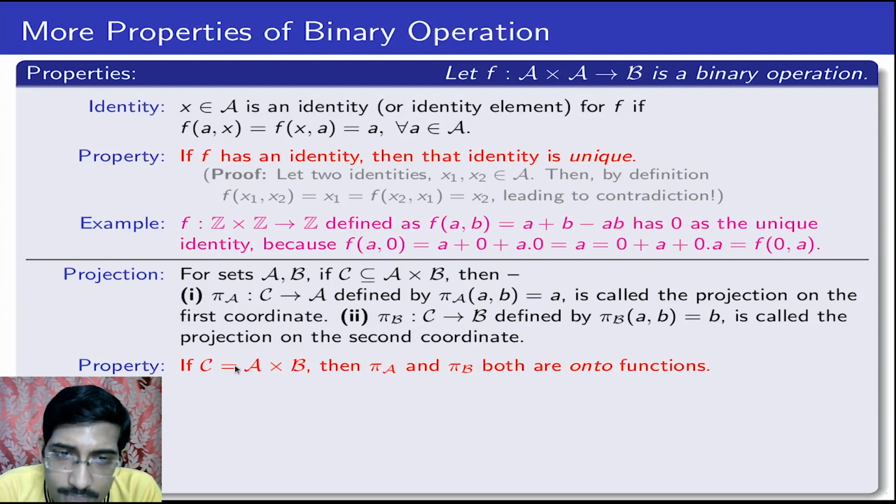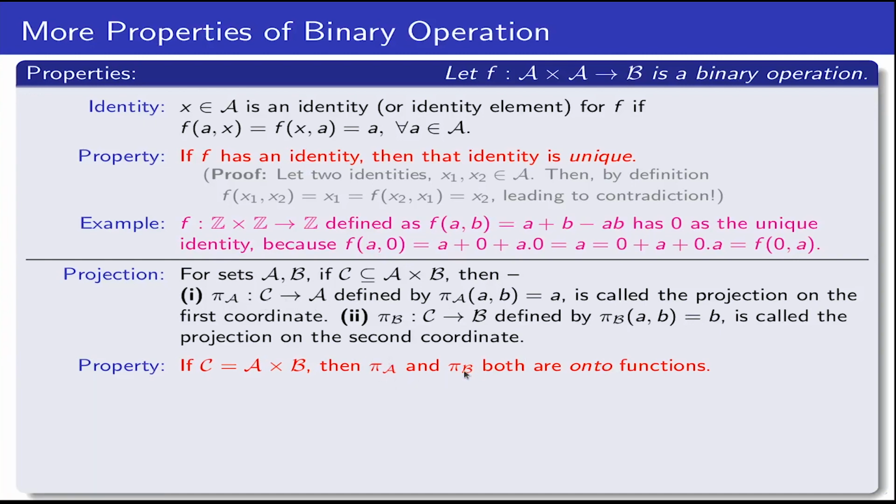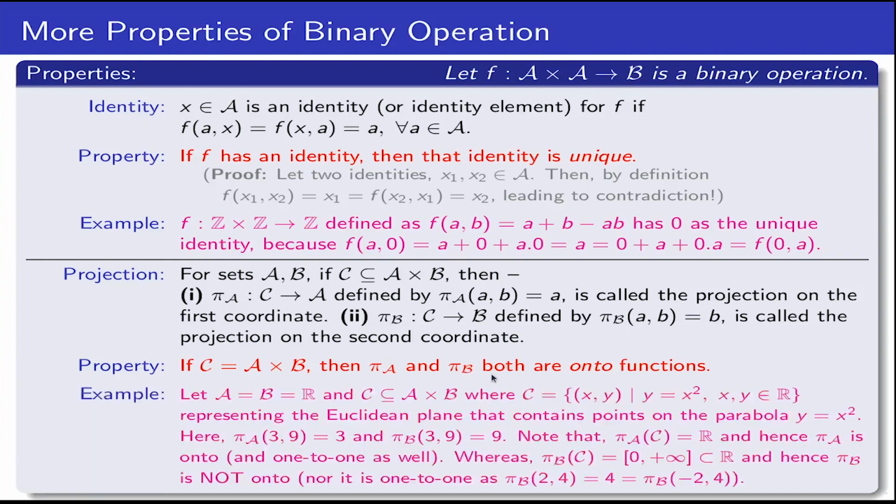Since C equals A cross B, this C has all possible pairs of a and b. So for any element a, I will definitely have an element whose first coordinate is a, and therefore pi A is onto. Similarly for pi B as well.